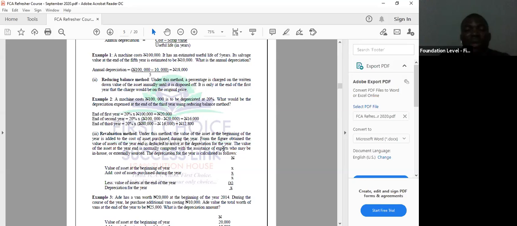You revalue, you look at what the cost of it is. So at the beginning, you have a particular figure. If you purchase anything during the year, you add it to it. So at the end of the year, we now look at the value of the asset in the market. Are you with me? So if I have 20,000 naira before, then I now add another 5,000 to it.